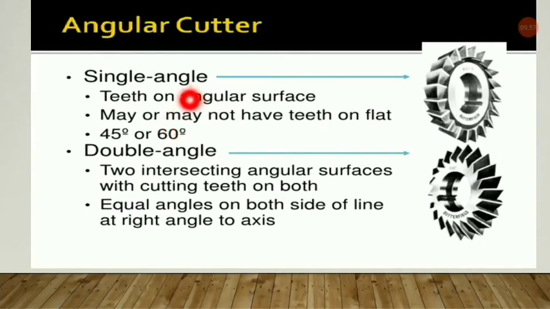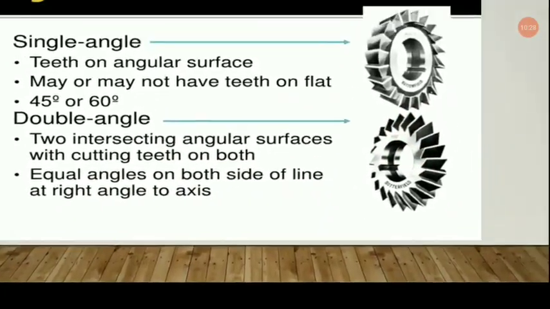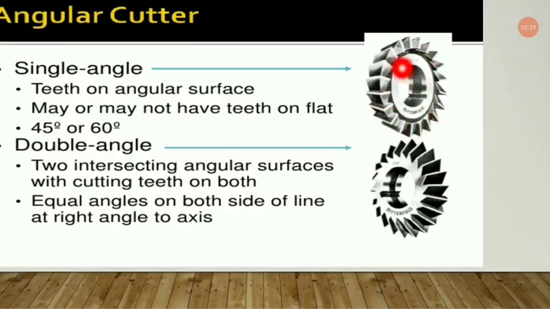This is a single angle cutter, with teeth on the angular surface, and it may or may not have teeth on the flat, at 45 degrees or 60 degrees. It also comes as a double angle cutter, having two intersecting angular surfaces with cutting teeth on both, and equal angles on both sides of a line at right angle to the axis. So the angular cutter has some angle, as you can see over here.